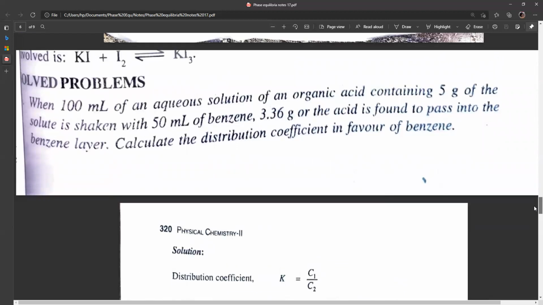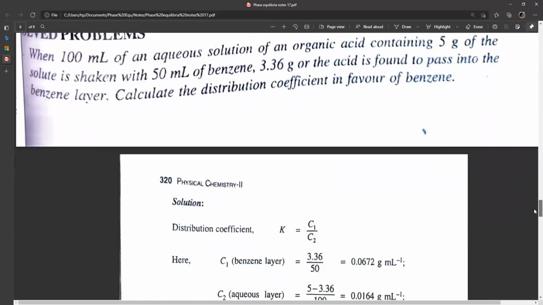We know that according to Nernst distribution law, K is equal to C1 by C2. C1 is the benzene layer, that is, organic acid in the benzene layer, and we have 3.36, the acid passed into the benzene layer, as given.